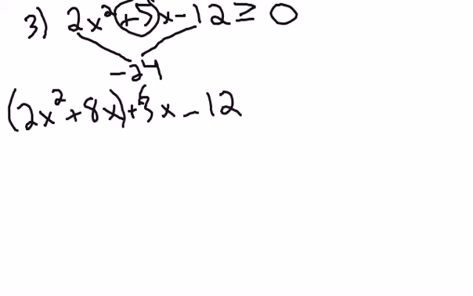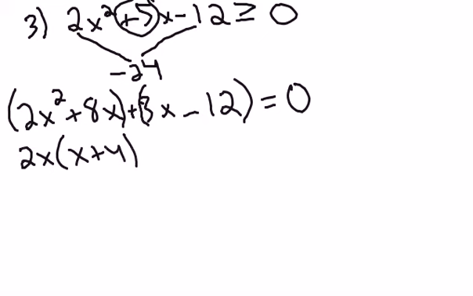I'm going to group these, which is where this process gets its grouping name from. The GCF for these two is going to be 2x, leaving x plus 4. The GCF for these two, I'm actually going to take out a negative 3, and this is a minus 12.